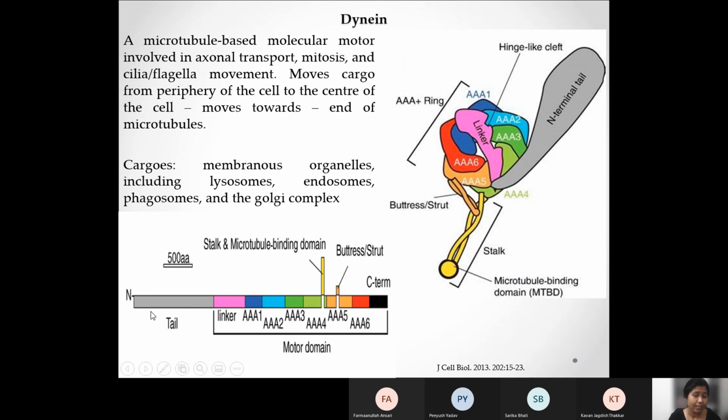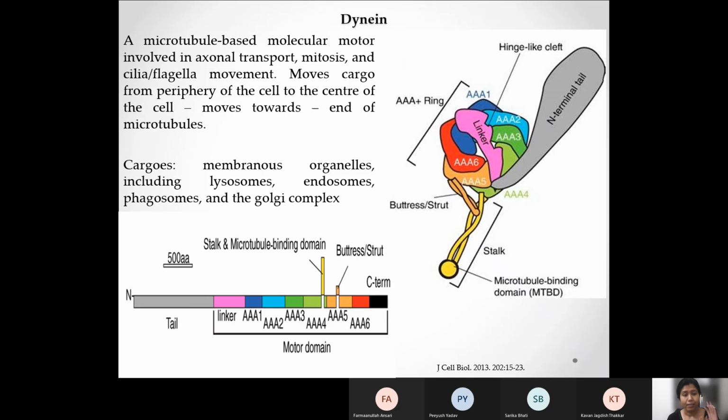And what the tail does is, it is the point that connects with the cargo. And in fact, very little is known about this. Most of the crystal structure information that we have deals with this part, and this part is still a little obscure.